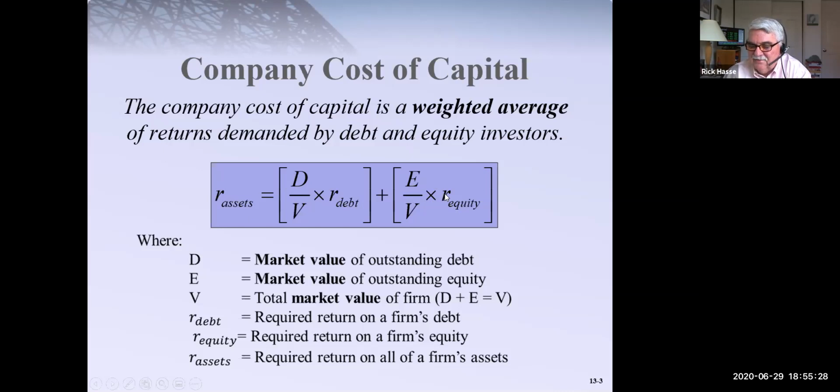You calculated this cost of equity last week in question number 4 on quiz number 1. We're going to learn about the cost of debt tonight and establishing that relationship.